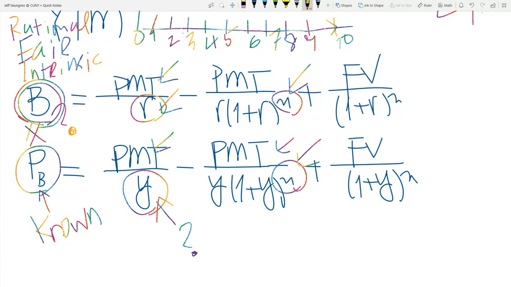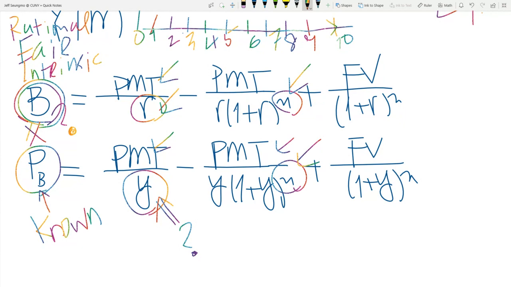Now think about it. When you are solving an equation, generally you think you're solving for the left-hand side, right? The right-hand side is all given. You plug in the numbers, you find the left-hand side. But in the second equation, the left-hand side is known, and the only unknown is the discount rate in the right-hand side.